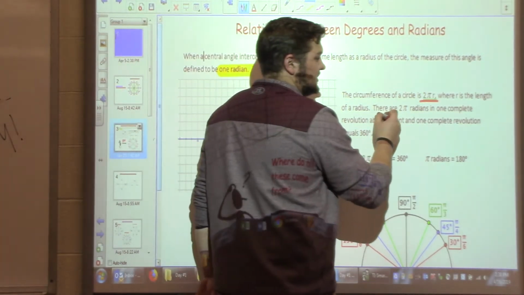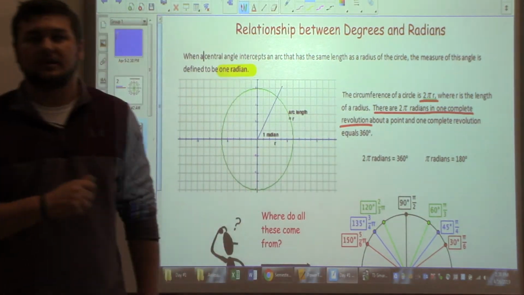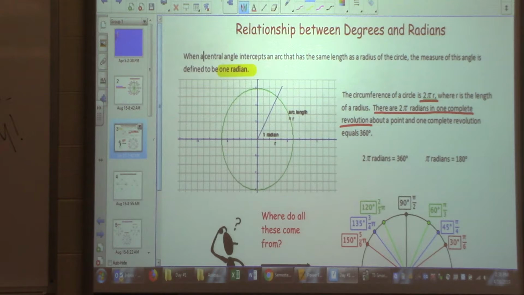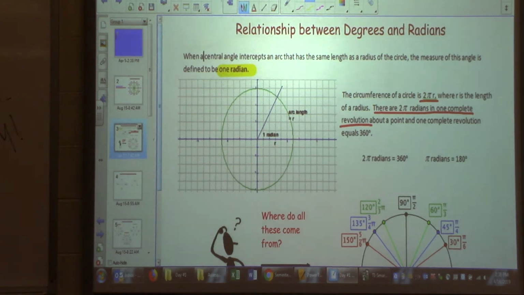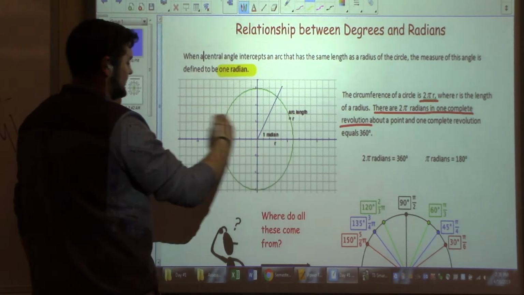So what we say is there are 2 pi radians in 1 complete revolution. So if we talk about degrees, we say it's 360 degrees all the way around the circle, right? We all agree on that. Can I get some sort of feedback? Yeah? 360 degrees around the circle. If you're talking about in radians, it is 2 pi all the way around our circle.